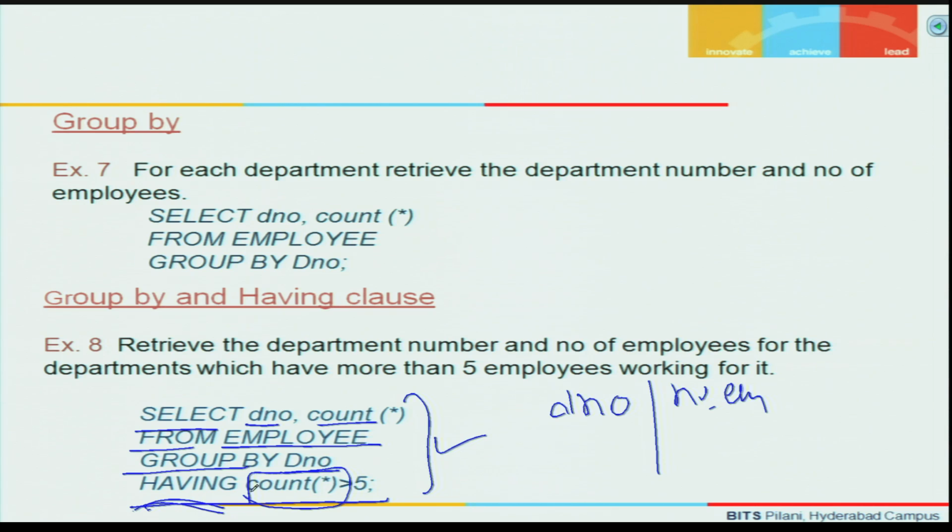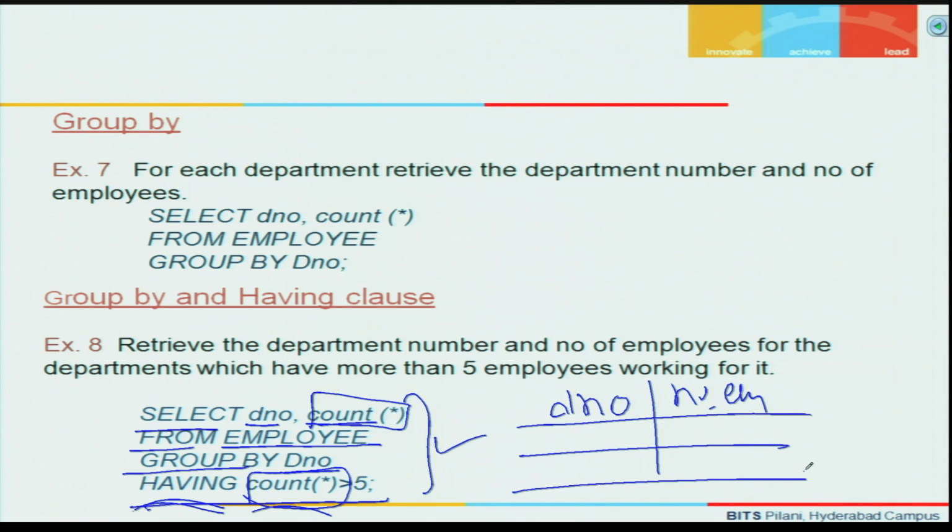So after grouping it will check count star, meaning how many tuples are there in each group, and if it is greater than 5, only for such groups it will perform the count star. Along with the department number, which is the grouping attribute, it will display the number of employees for that group, wherein the number of employees available in that group is greater than 5.